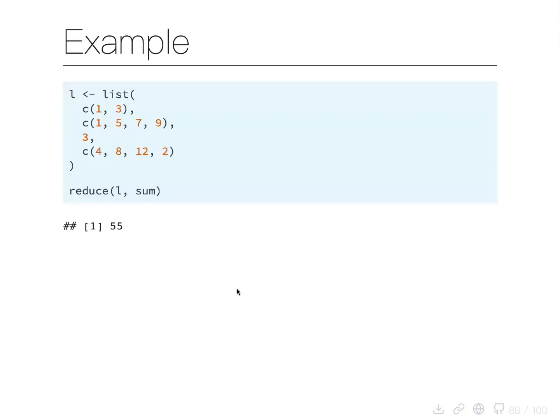So this is a very, very, very simple example, which you would probably never do, but it does show you what reduce is doing. So we have 1, 3, 5, 7, and 9, and 3, 4, 8, 12, and 2. Okay. If I call reduce on this list and I say sum, it's going to collapse across the list and sum all of the elements.